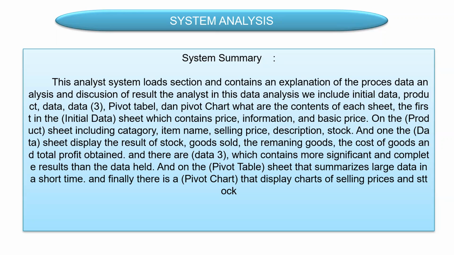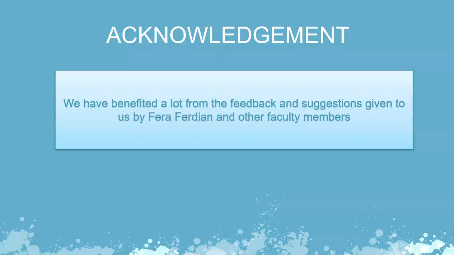There is the data tree, which contains more significant and complete results than the data held, and the pivot table sheet that summarizes large data in a short time. And finally, there is a pivot chart that displays charts of selling price and stock. Next slide.